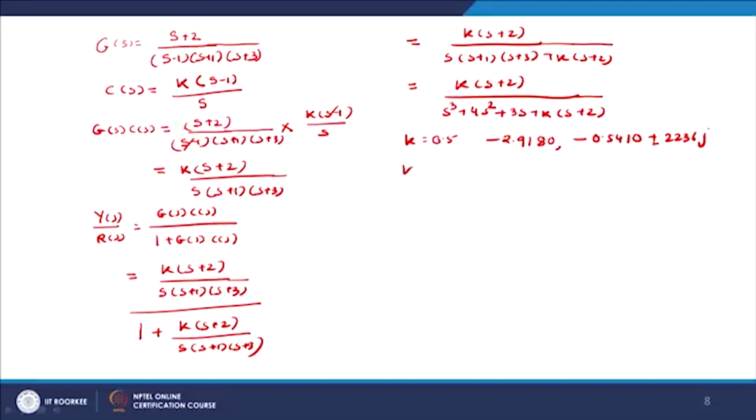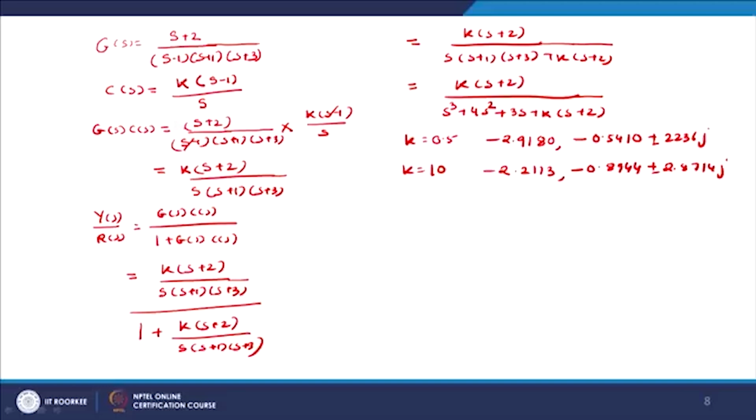And when we take K equal to 10, we will get the roots as minus 2.2113, and minus 0.8944 plus minus 2.8714j.